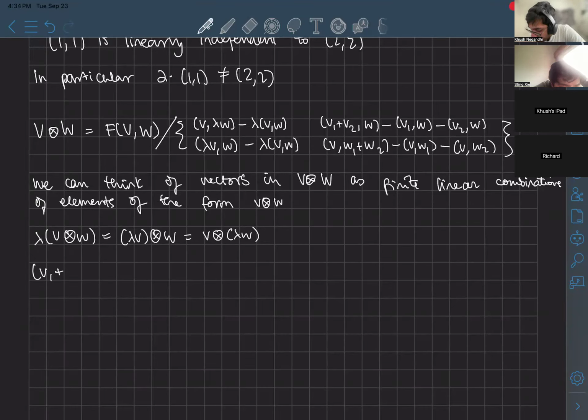So if we have (V1 plus V2) tensor W, this is the same thing as V1 tensor W plus V2 tensor W.